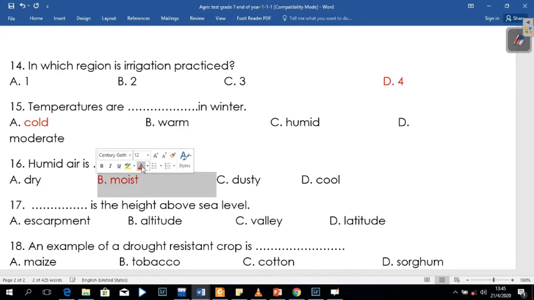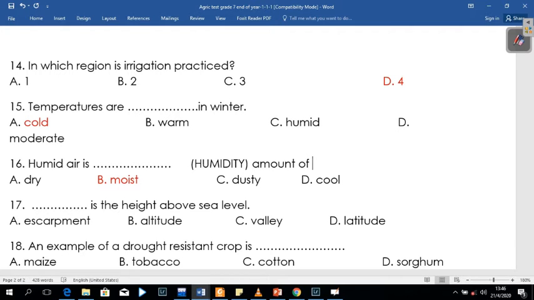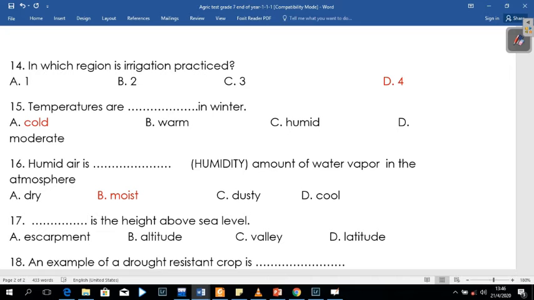But what is humid air? Humid air, this is from the word humidity, right? Humidity. And what is that? We're talking of the amount of water vapor in the atmosphere, right?